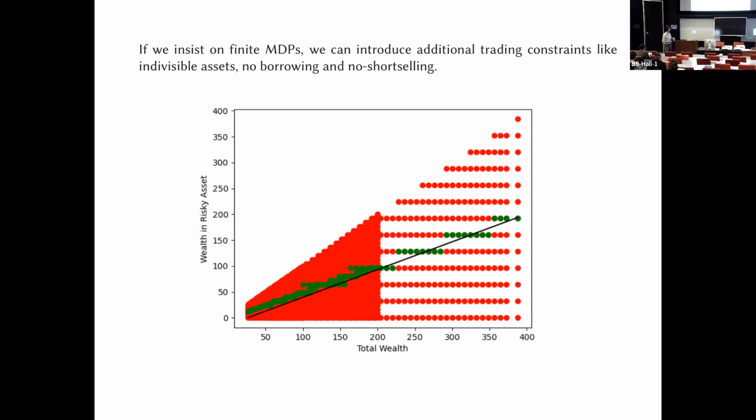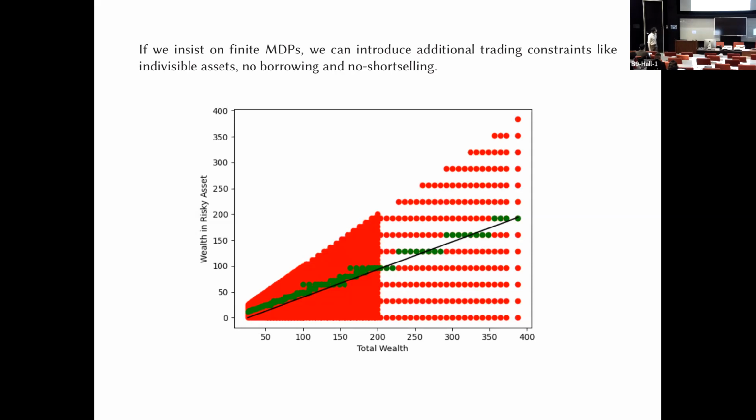So given your initial wealth, small x, let's say 100 euro, you only have finitely many actions that you can take. Since the price only takes 2 different values, in the next step, there's also only finitely many states available. So at each point in time, finitely many states, finitely many actions. Then we are really in this finite Markov decision process setting, and I can solve the dynamic programming equation numerically.